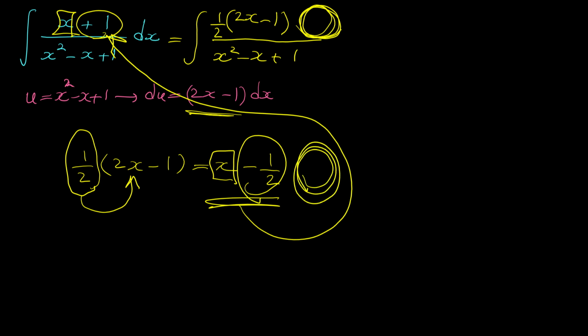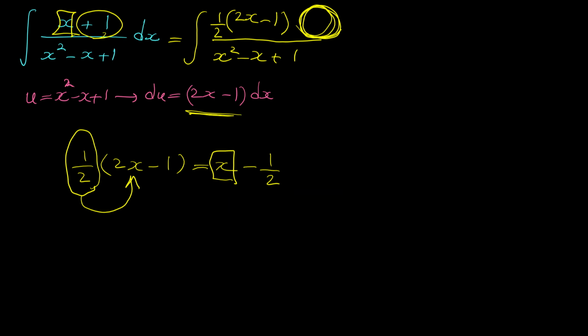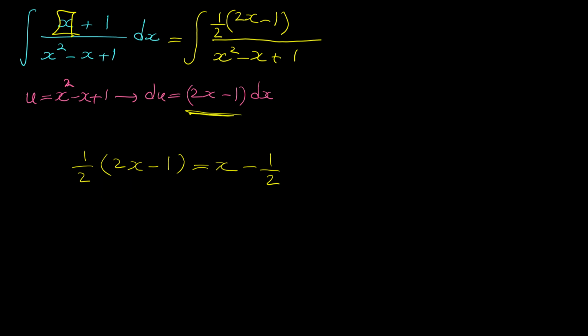Negative 1/2 plus 3 over 2. Because, please pay attention, negative 1/2 plus 3 over 2 is exactly 1. Negative 1/2 plus 3 over 2 equals 2 over 2, and 2 over 2 is 1.